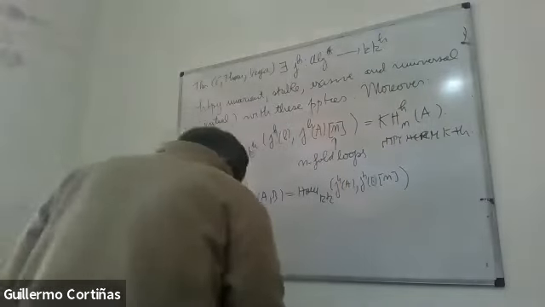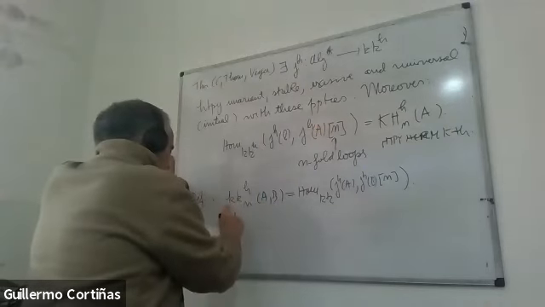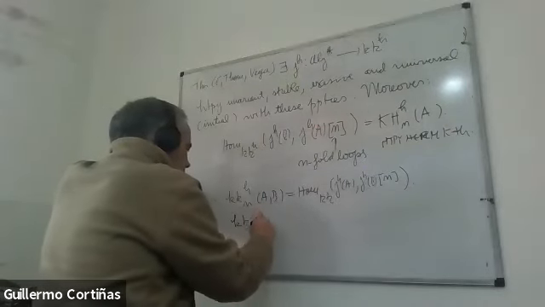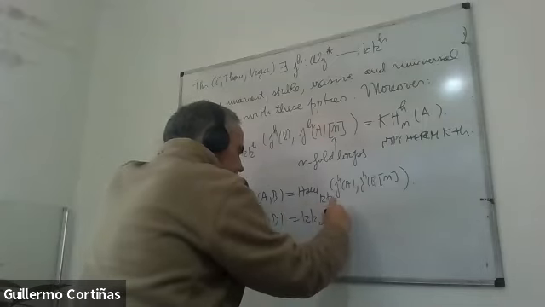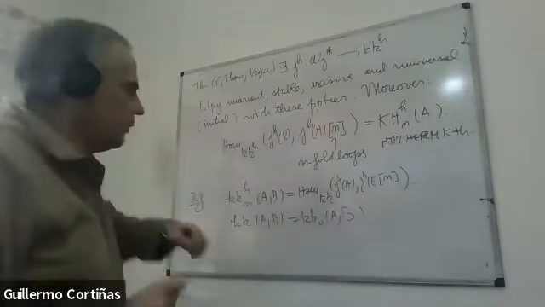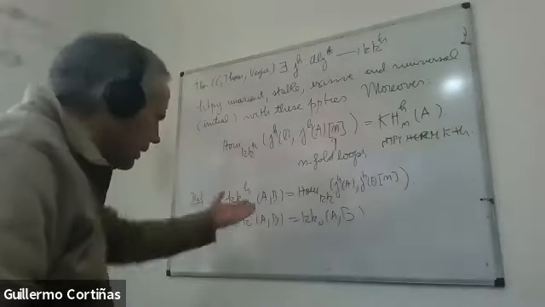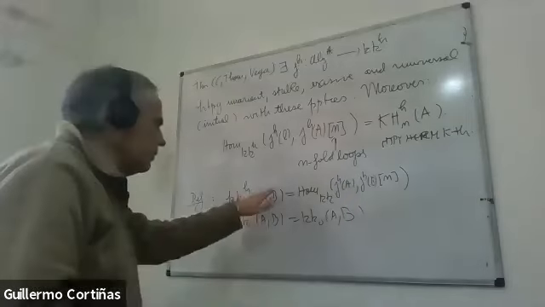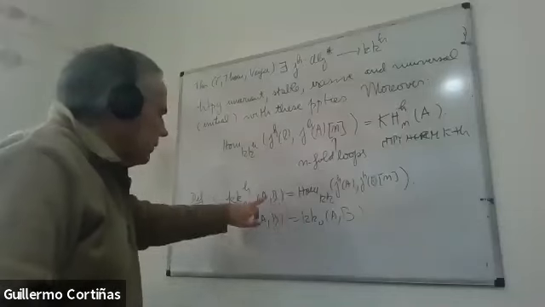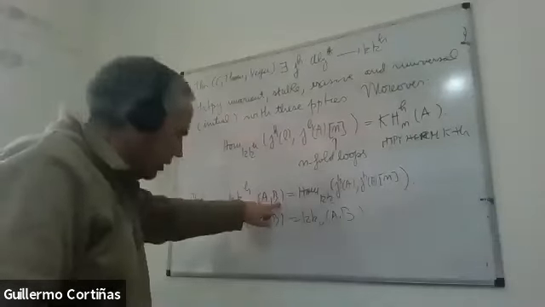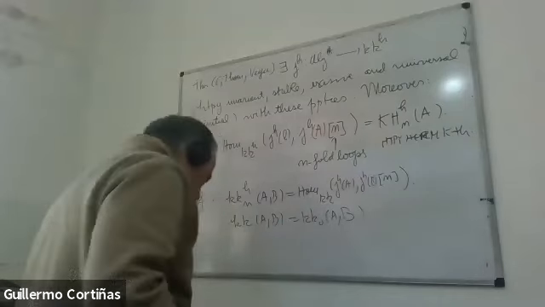Okay, and then KK^H(A, B) is just KK^H_0(A, B). So these are the bivariant Hermitian K-theory groups. They depend on the two variables. They are contravariant on the first variable and covariant on the second, and they satisfy excision on both variables.